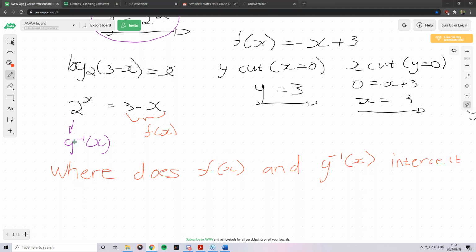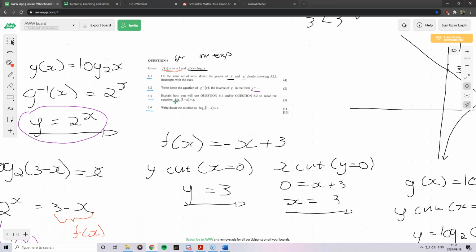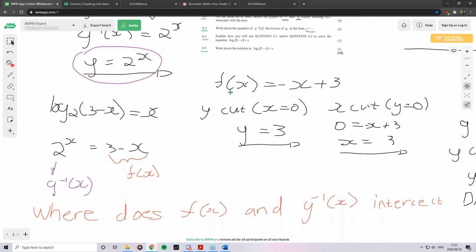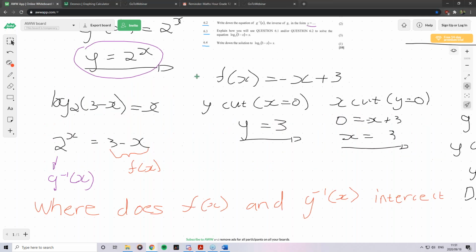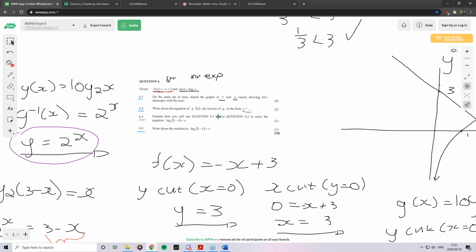So finding the points of intersection between the inverse of g and f of x. Since they asked to explain how you will use question 6.1 to solve the equation, explaining means I get it into this form and say that if I can find where f of x and the inverse of g of x intersect, then I can solve this equation.